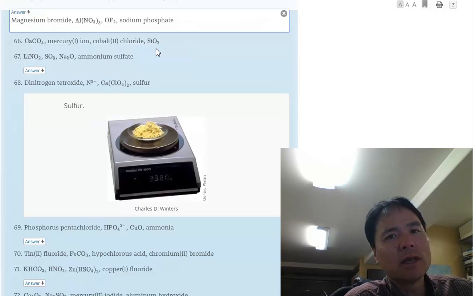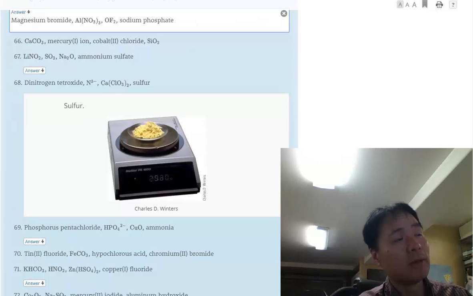Then it would be called silicon dioxide. Or you could name this as an ionic compound, treating silicon as a metal. In that case, it would be called silicon Roman numeral 4 oxide, because each oxide would be a -2, and therefore silicon would have to be plus 4. I'll just write it out here: silicon, Roman numeral 4, oxide.